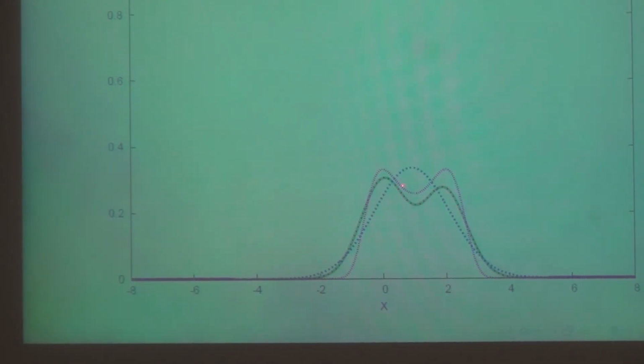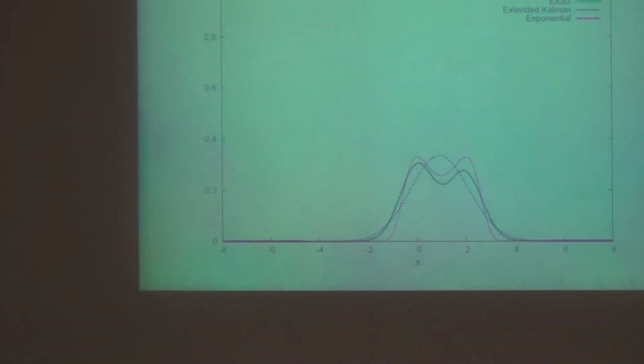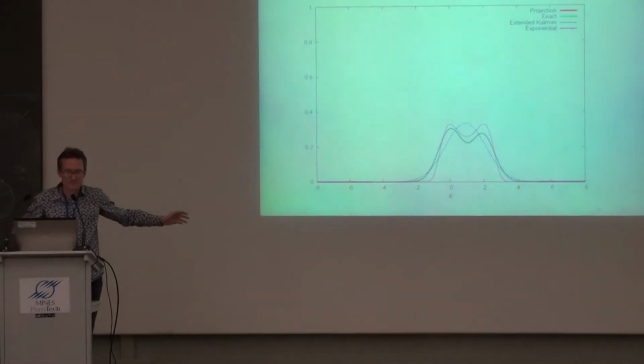Green is the exact filter, red is the method I've been discussing, and the other two lines are competitors. Let's watch what happens over time as we follow the simulation. The competitors can't necessarily represent the exact state. That's why they're inaccurate at the beginning as well.